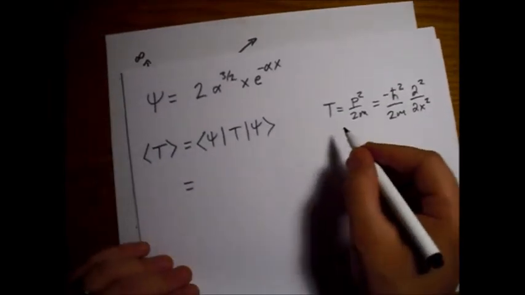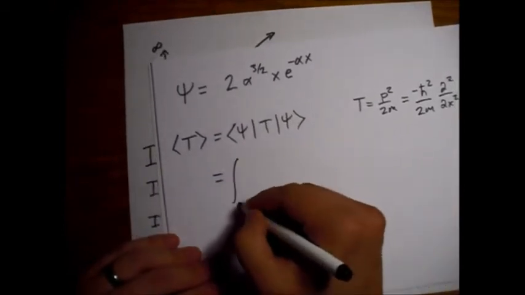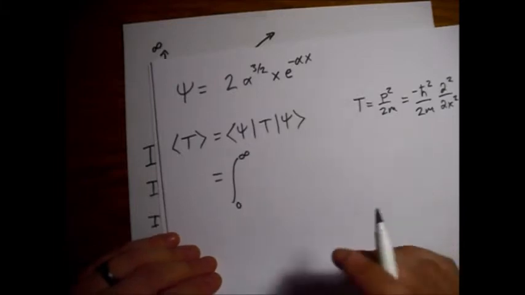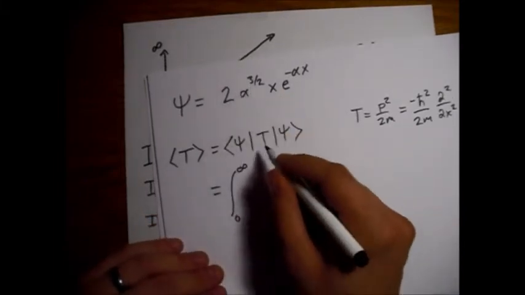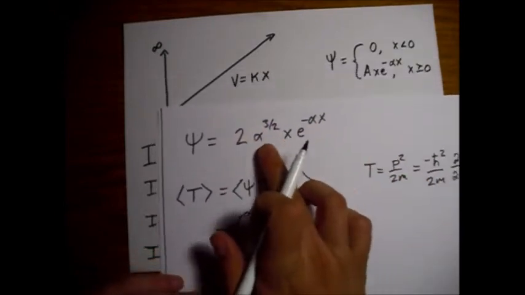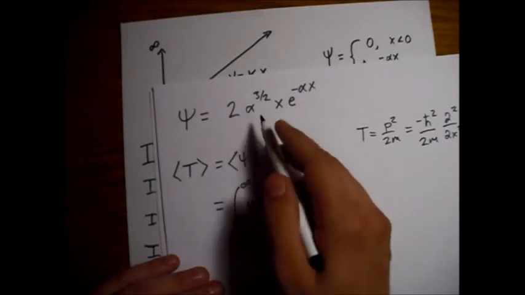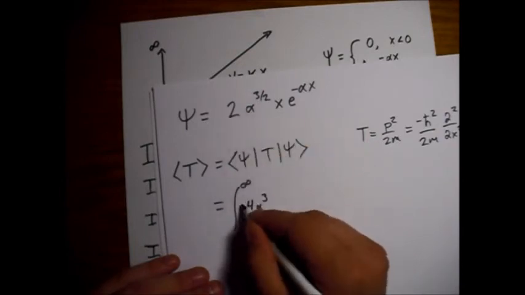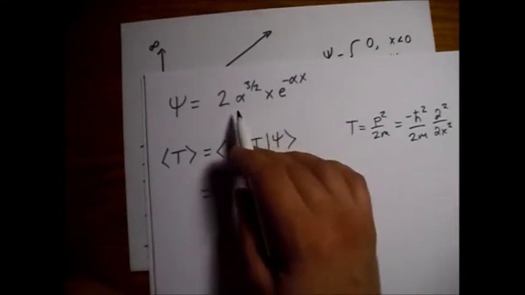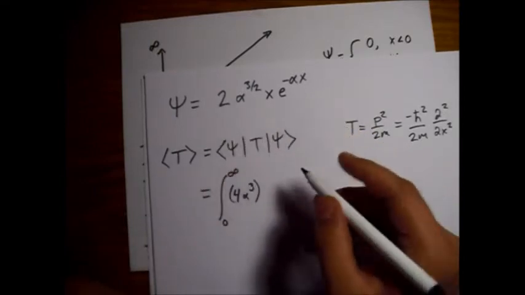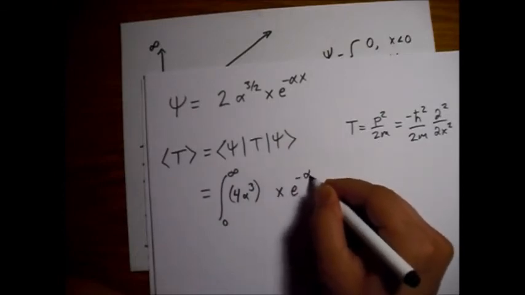Okay, so this expectation value here, we'll just be integrating from 0 to infinity. I'm going to bring the constants out front, so our normalization constant we found, we'll square that. We get a 4 alpha cubed. And then we get an x e to the minus alpha x.